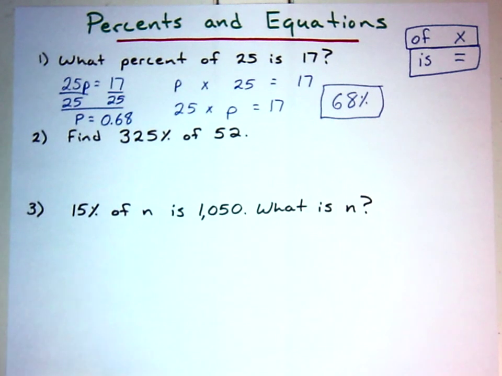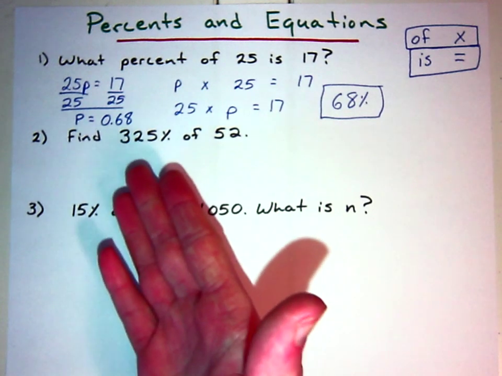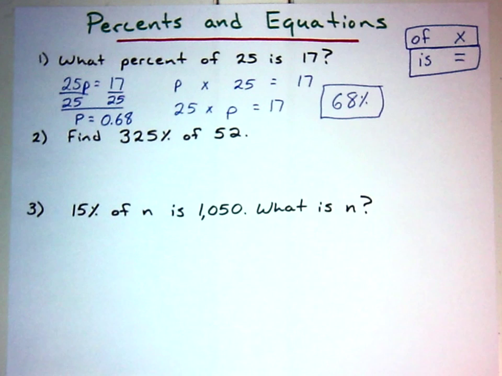Alright, so it says find 325% of 52. Well, they don't have the is, so we need to make sure we understand this, okay? It says 325% of 52. Well, basically, what we don't know is what this will equal. That's what we're looking for. We're saying, what is 325% of 52?